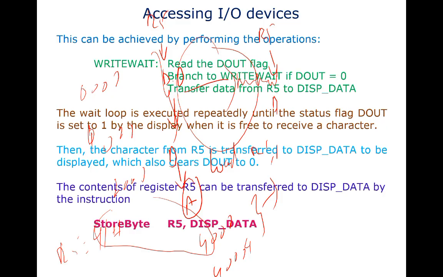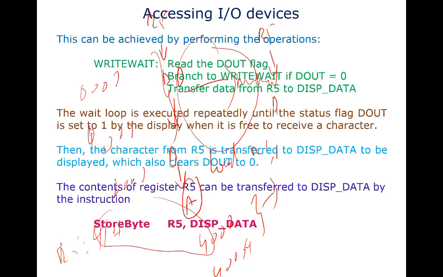Now we need a clear example with respect to the keyboard, memory and display. Suppose the user presses a character such as K, or else I take the previous example, the character A. First, the keyboard generates a character.